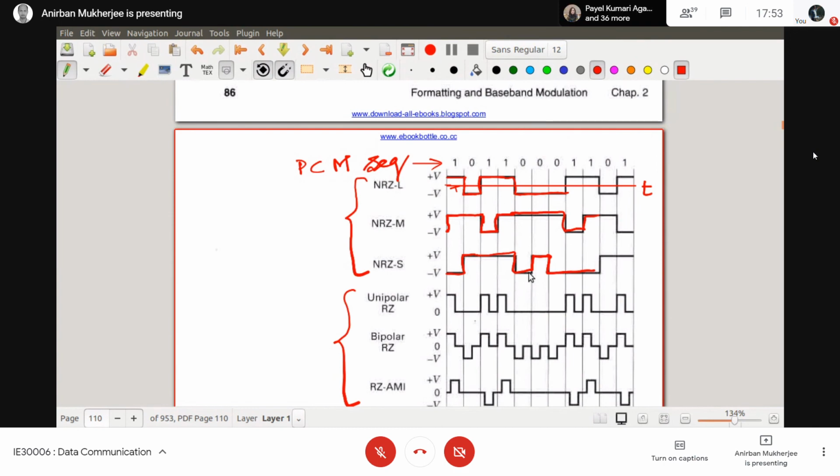So these are my NRZ-L, NRZ-M and NRZ-S. Okay. So there is some problem here. If there is some mistake, then from the next point your signal waveform will always be inverted of what it should be.